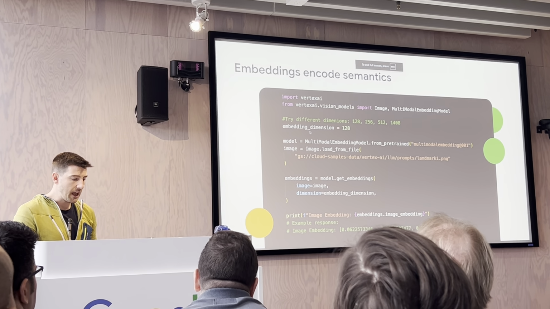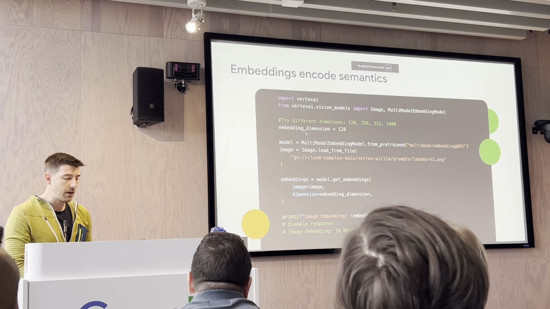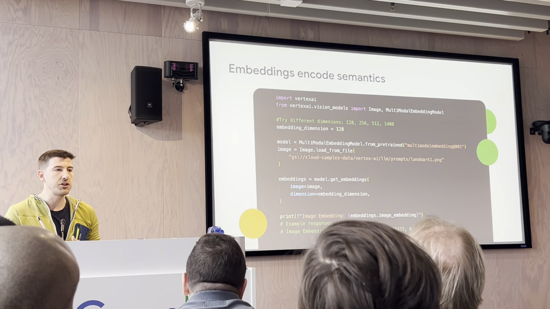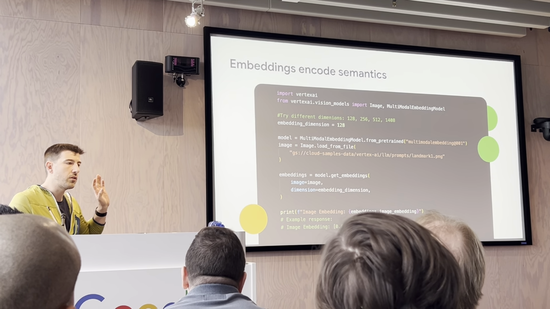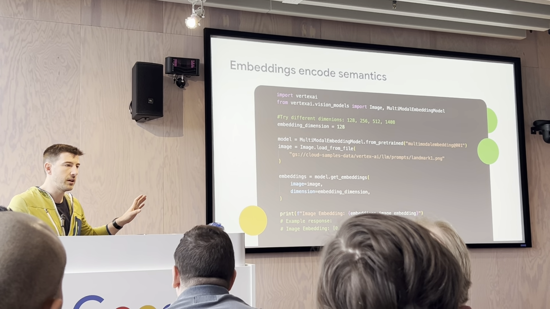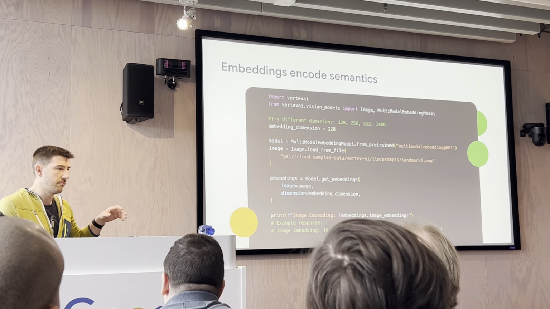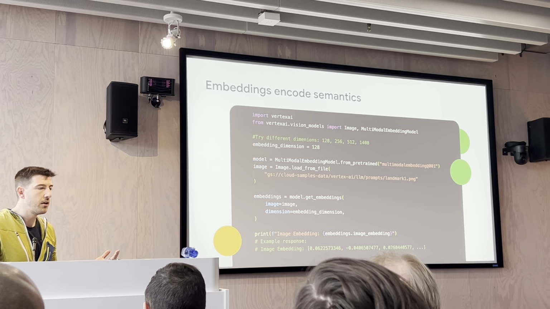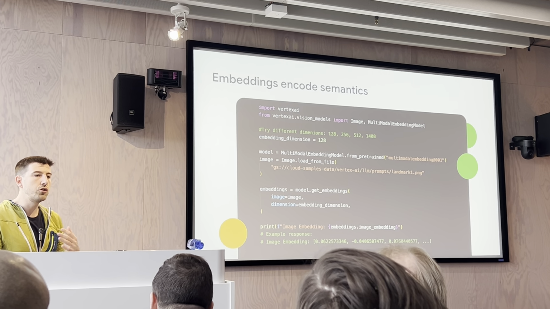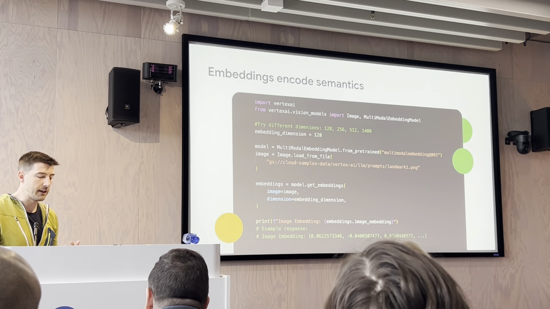Good. And even not being an AI engineer and not knowing how those models really work, like how they are trained and built, with Google Cloud and Vertex AI, you can utilize the power of these embeddings.